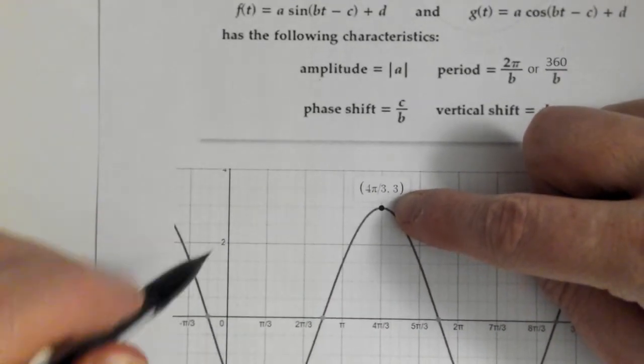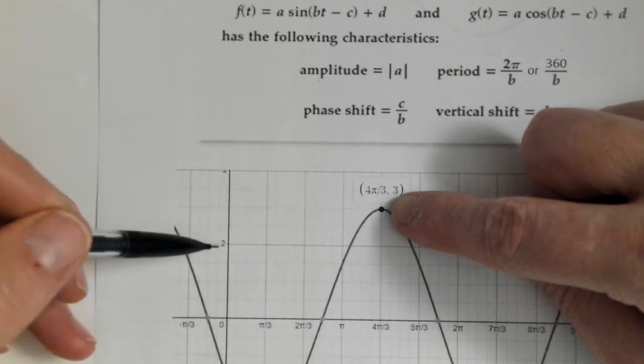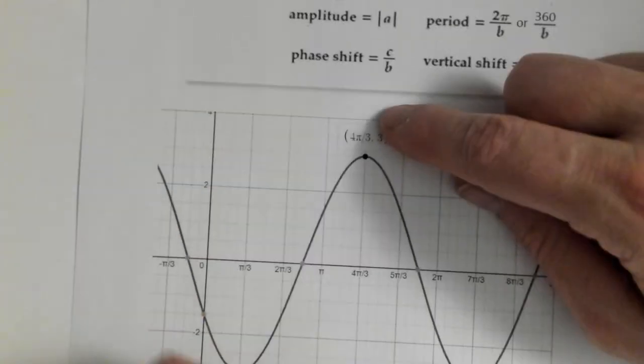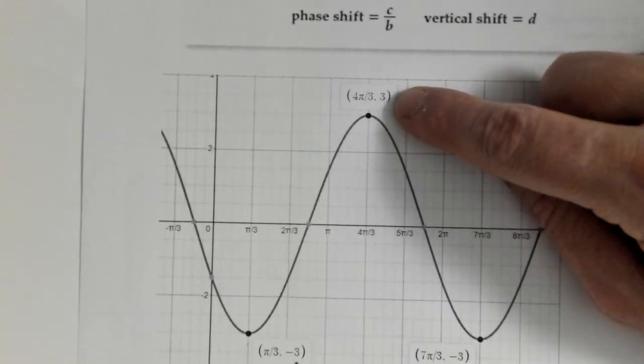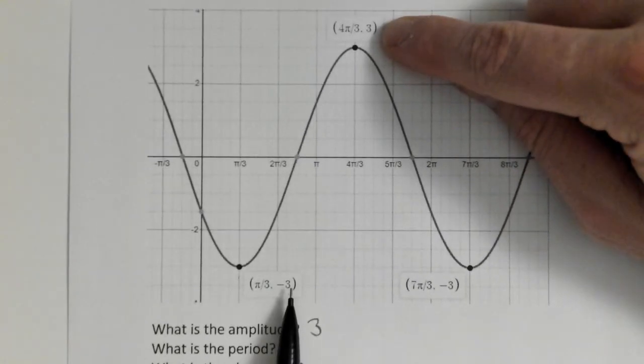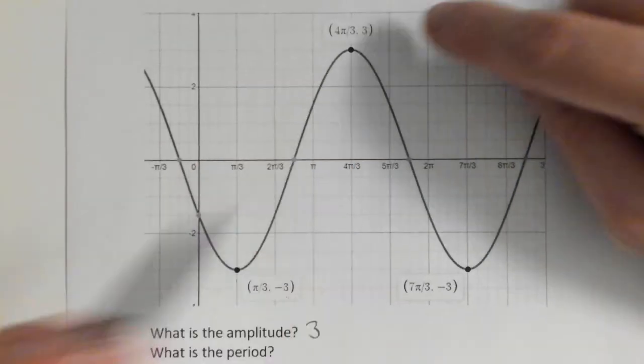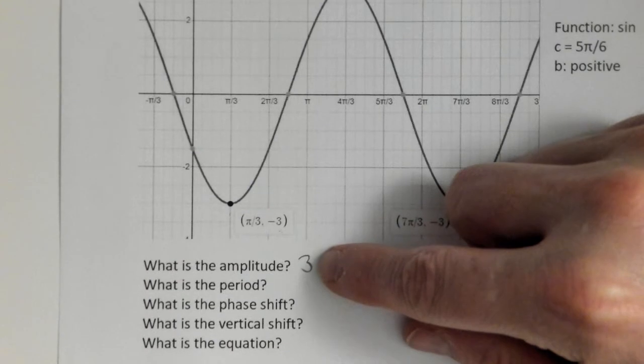In this case, if this is 2, then this would be 3. If I wanted to verify that, I could see that my y values are going from -3 to 3. So that's a total of 6. And what's half of that? 3. So the amplitude is 3.